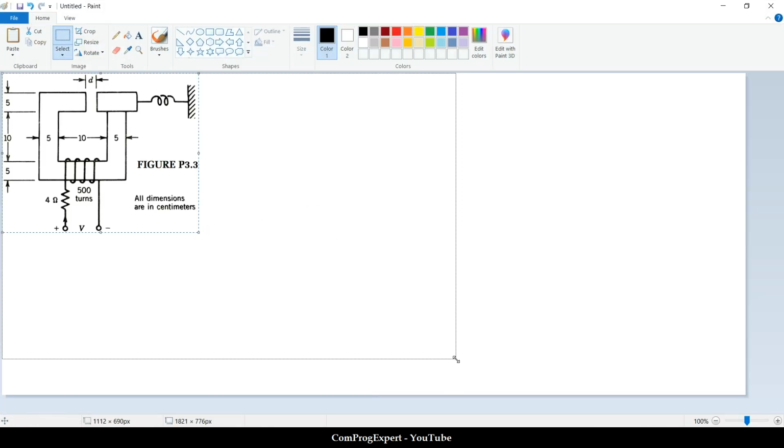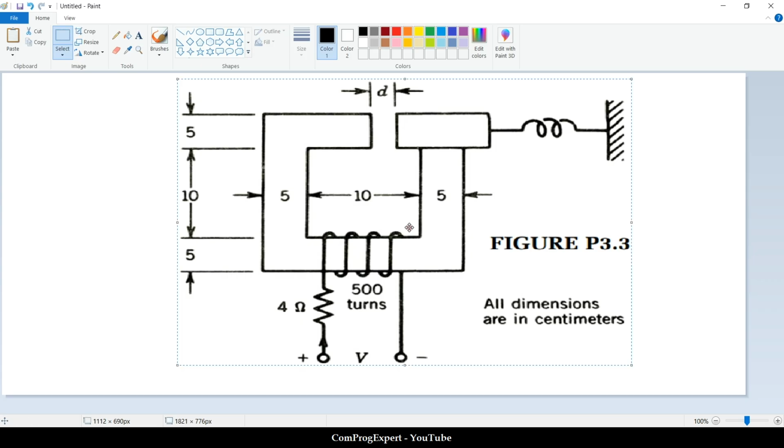Here is the problem. We solved this kind of problem multiple times in chapter 1.